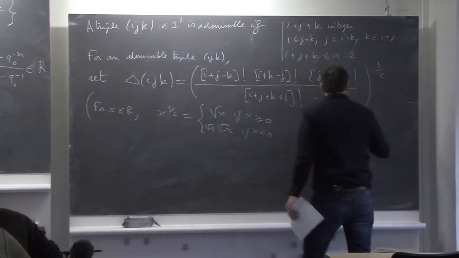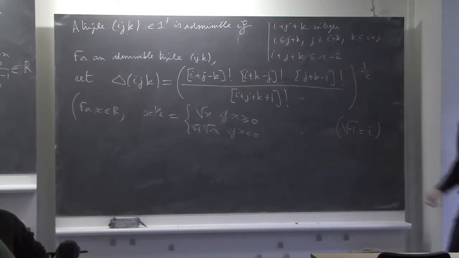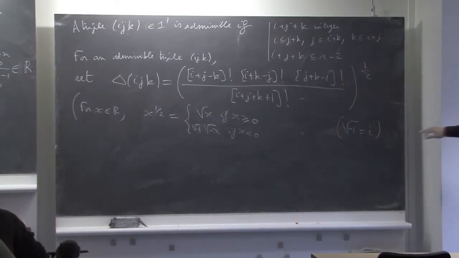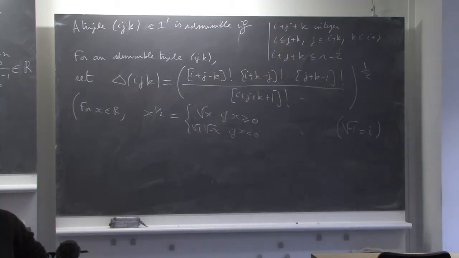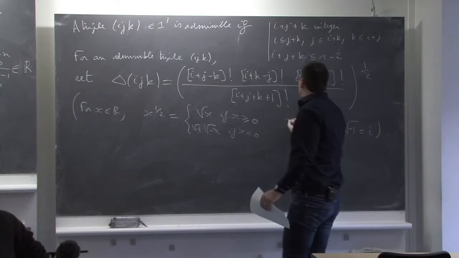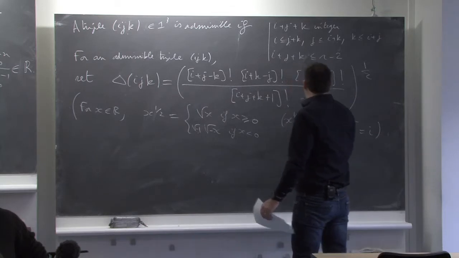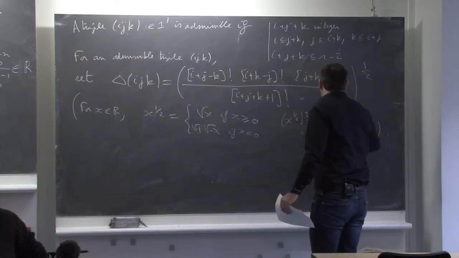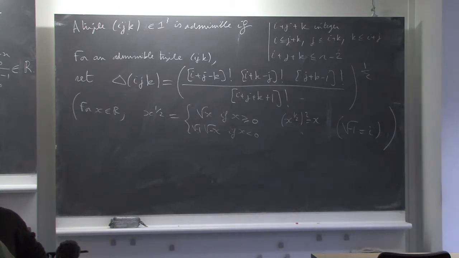So the square root of minus 1 is just the complex number i, but I do not use this notation because I have i everywhere. And with this, you can remark that the square of x to the 1/2 is just x.